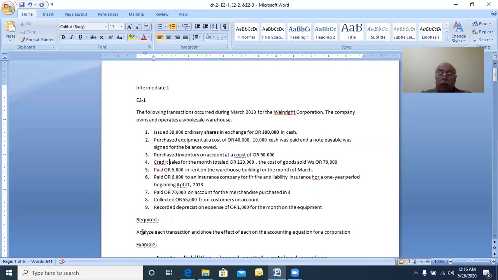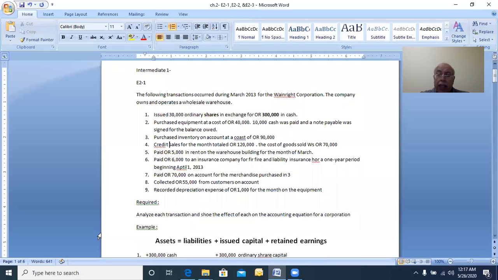What we want to understand is the effect of each of these transactions on our balance sheet, or on the accounting equation. What does the accounting equation say? It says assets equal liabilities plus issued capital plus retained earnings.